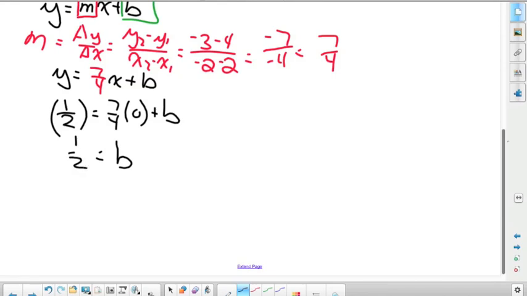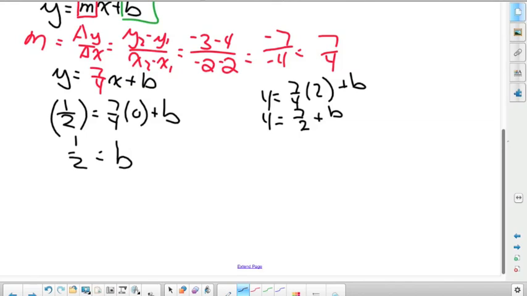If we take another point, in the first class I did, we don't want to work with negative numbers, we just want to do positive numbers. We can do the same thing. So y is 4. So 4 is equal to 7/4 times x, here is 2, plus b. If we do the arithmetic on here, we get 4 is equal to 7/2 plus b.